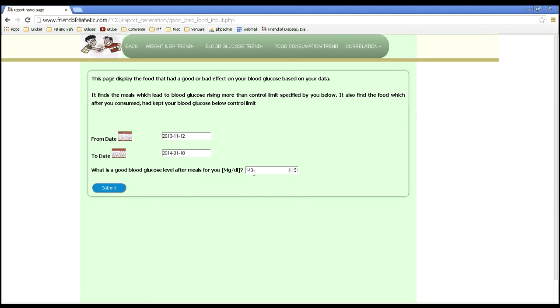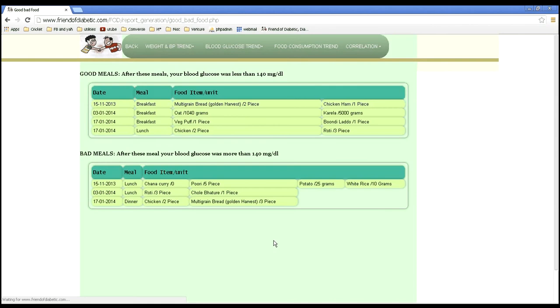Actually this parameter is fetched from the system table. The moment I submit, it goes to my food database and my consumption database and sees which foods I have eaten have caused my blood glucose to be under 140 and which ones are more than 140. These are the good meals, say the 3 breakfasts it shows, and the food items it gives with the quantity I have eaten.